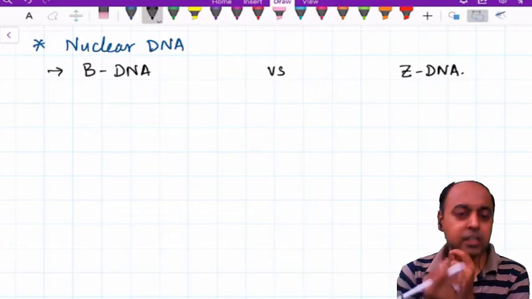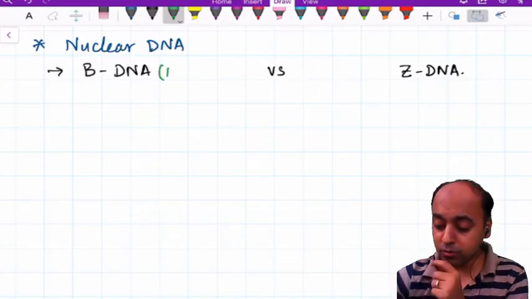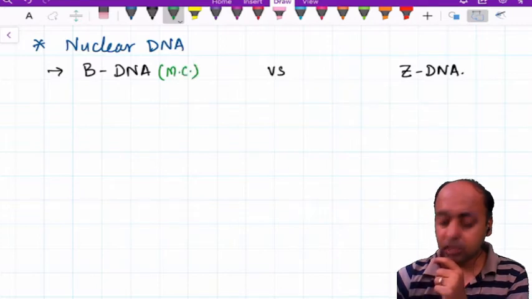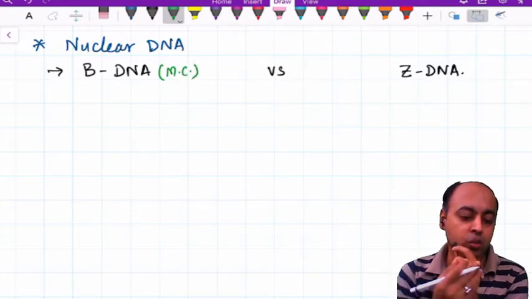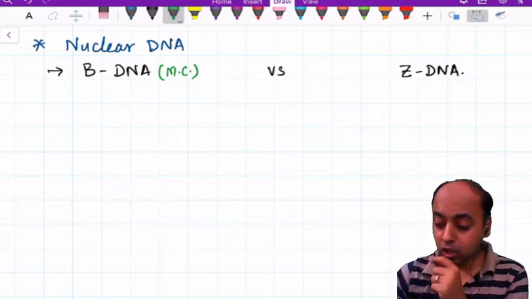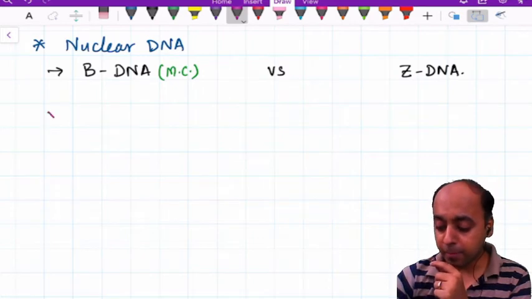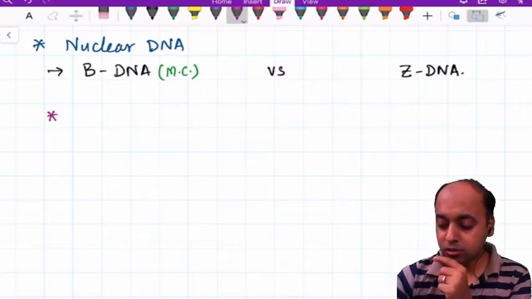First point, it is the most common conformation of the nuclear DNA, the most common physiological conformation. Now, what are the properties of the B form of DNA? First and foremost, it is double stranded.